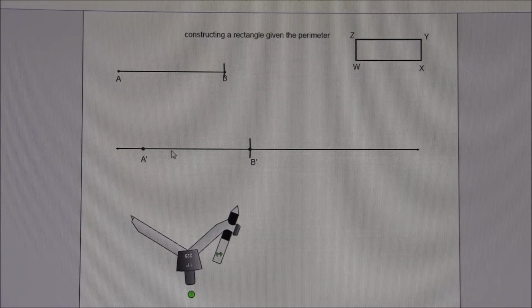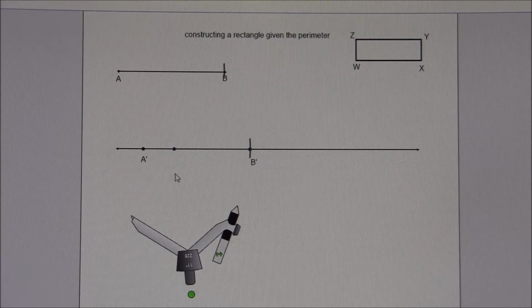So from A prime to some point is going to represent this distance and that distance. So we need to choose a point. But it can't be halfway, because if it's halfway, it becomes a square. So we have to choose a point somewhere less than halfway. So let's choose a point right here.